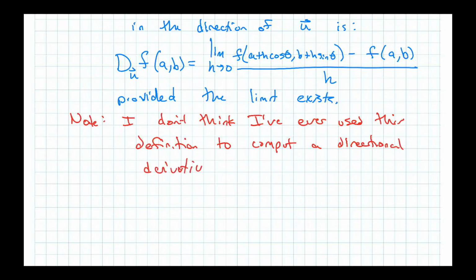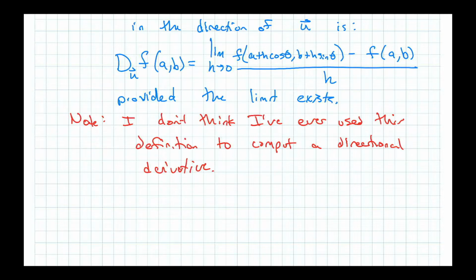The book does. They suggest it like it's a good idea, but I don't think it really is. I mean, there's nothing wrong with doing limits. If you know how to do limits, you can do this limit and calculate a directional derivative. But there are better methods for doing it, and I think we'll just use the better ones.